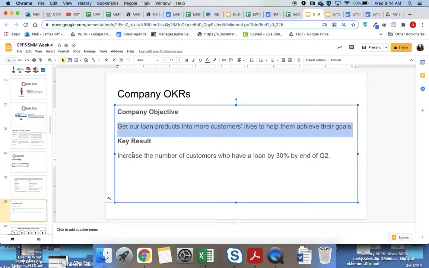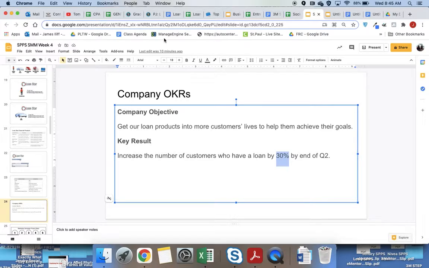Okay, well, the key result that you need to focus on is that your manager came to you and said, hey, your job is to increase the number of customers who have a loan by 30%. So you need to increase the number of customers who have had a loan by 30%.